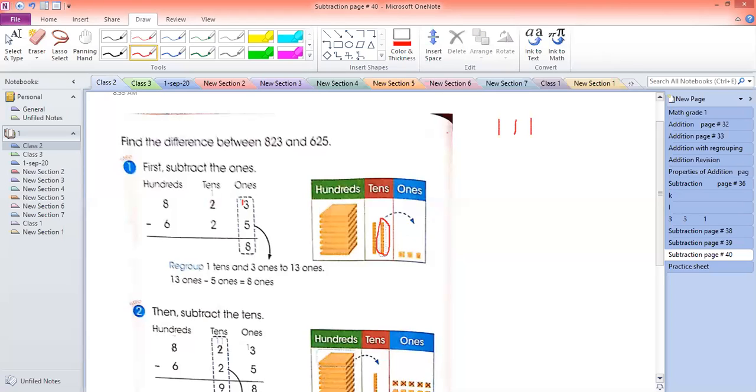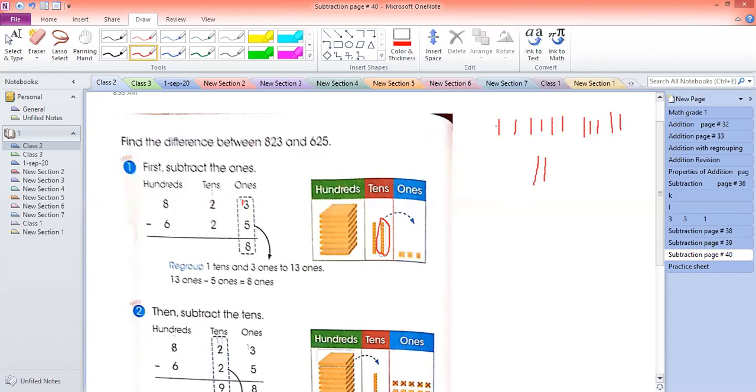From here I can also see 1, 2, 3. If I draw 13 lines, 4, 5, 6, 7, 8, 9, 10, 11, 12, 13. I need to minus how much? 5.